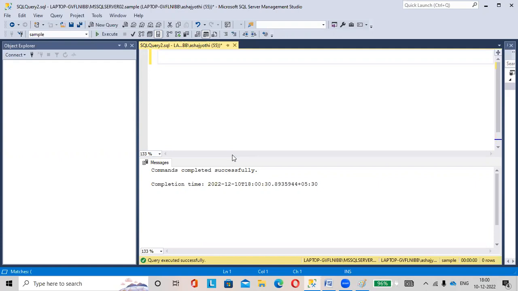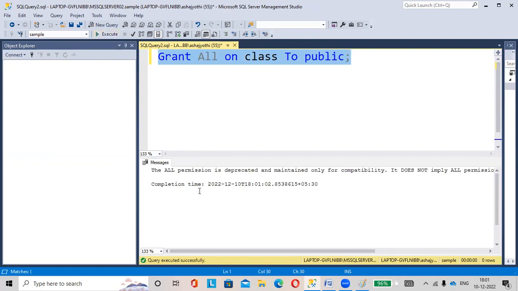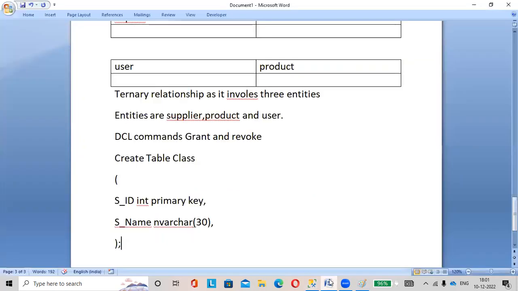Now we'll use the grant command. Grant all on class to public. Control A, execute. All permissions granted. Command is successful. This is how we can grant the command to the users.